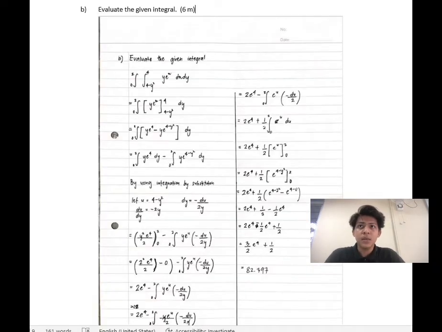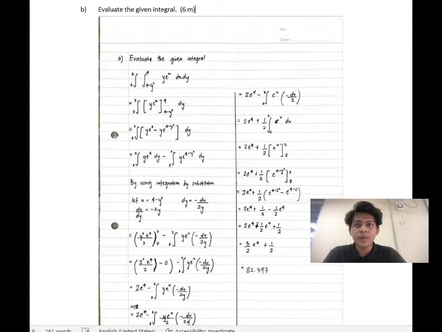Next, let's move to the next question, part B. Evaluate the given integral, from 0 until 2 and from 4 minus y squared to 4. The given integral is e to the power of x, dx dy. When we integrate dx, the answer is e to the x. Then we substitute the value of x to 4 and 4 minus y squared.